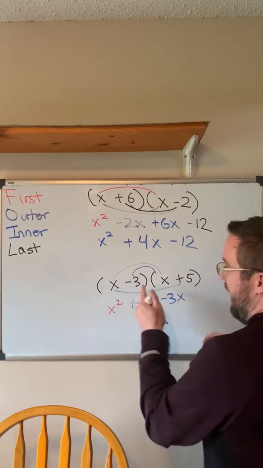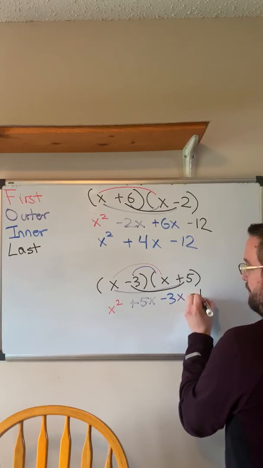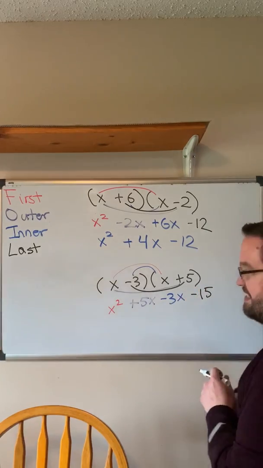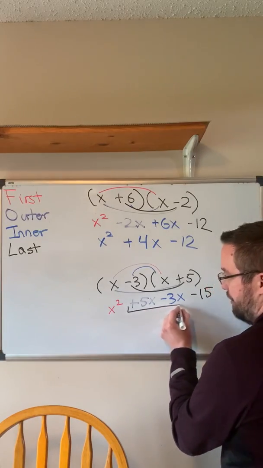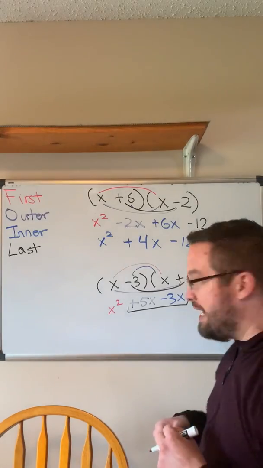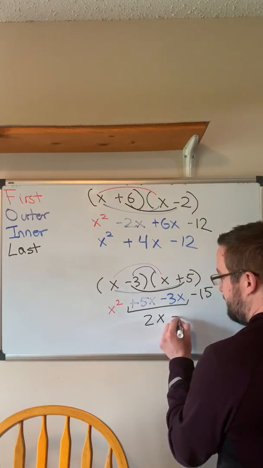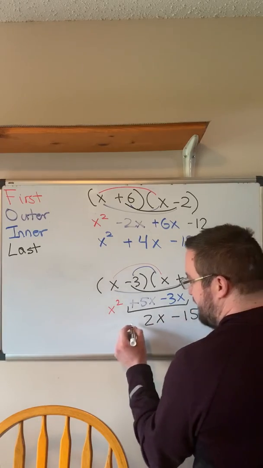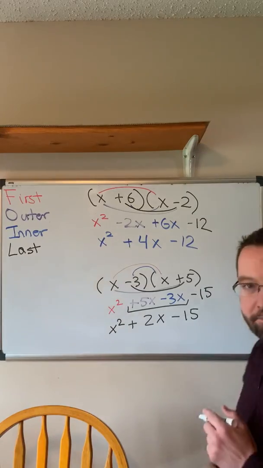And then here I've got the last terms, a negative 3 and a positive 5 is negative 15. I know I'm on the right track because I've got a positive 5x and a negative 3x. Those are like terms. A positive 5 minus 3 is going to be 2x. I bring down my negative 15 and my x squared, and I'm all set.